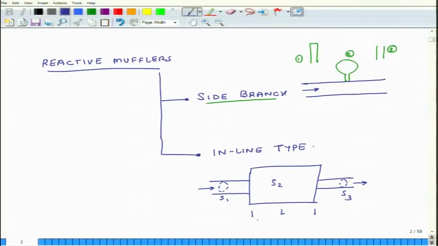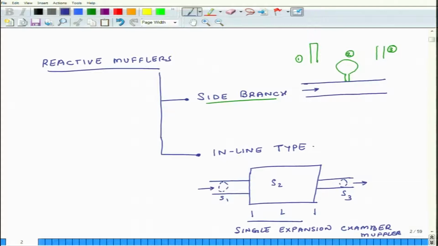Now, this type of a muffler is known as single cylinder expansion chamber muffler. But there is no reason why I cannot have multiple expansion chambers.